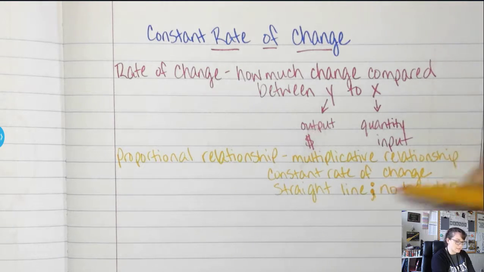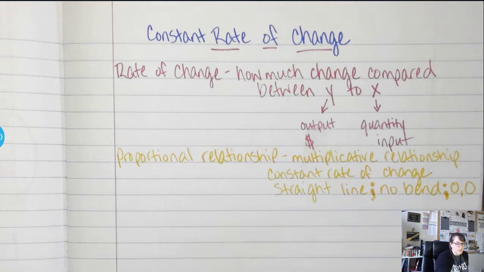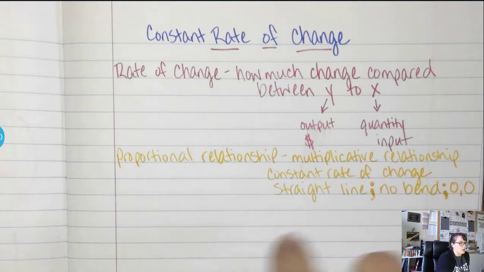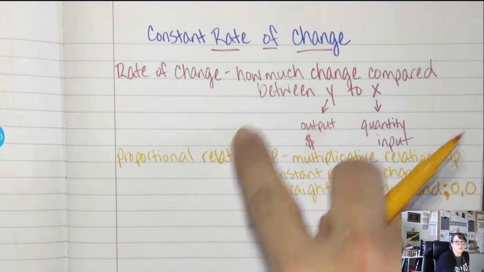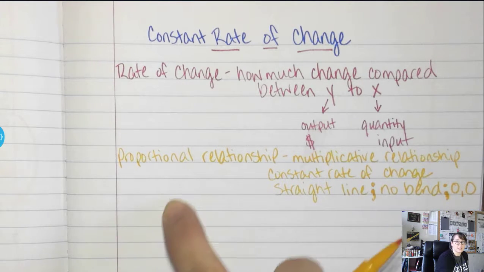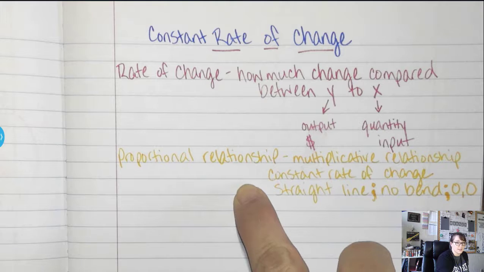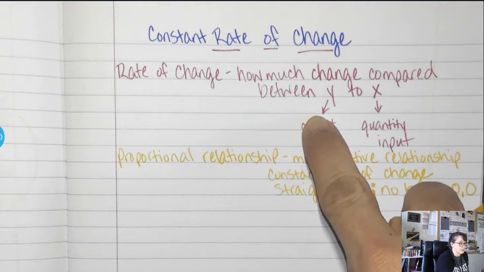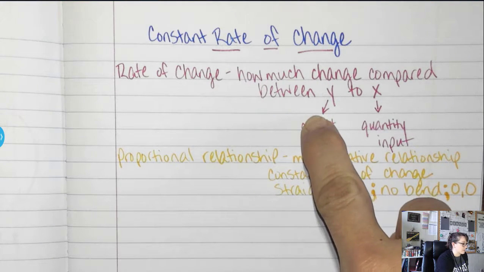And then each thing costs the same, so your graph would go straight up. Unless you're at a sale, and it's a buy 5 for 18, and then your graph looks like this, and then it does this. And then you get another break at your next 5 or whatever it is.